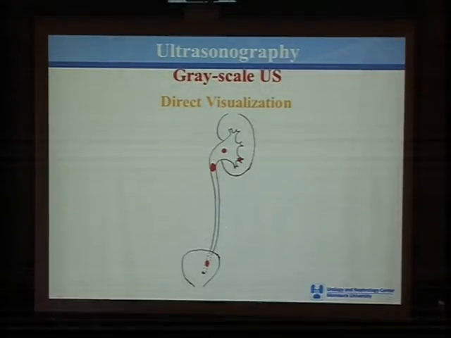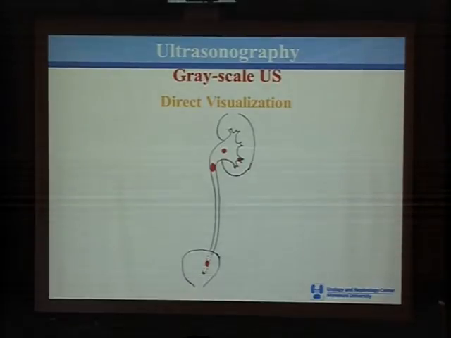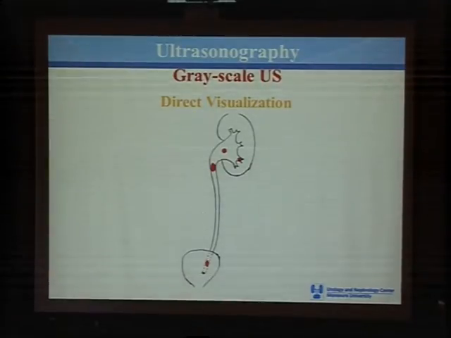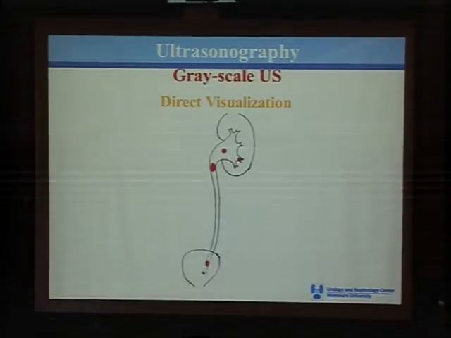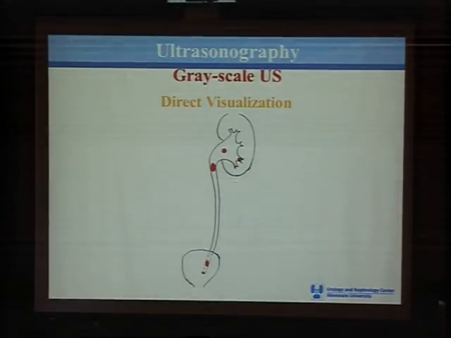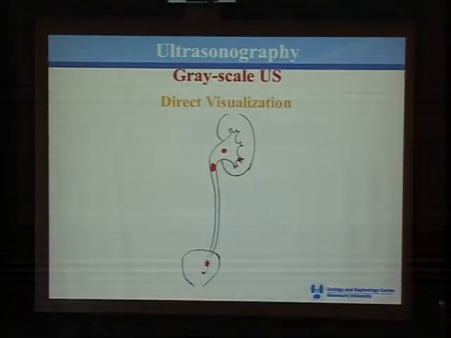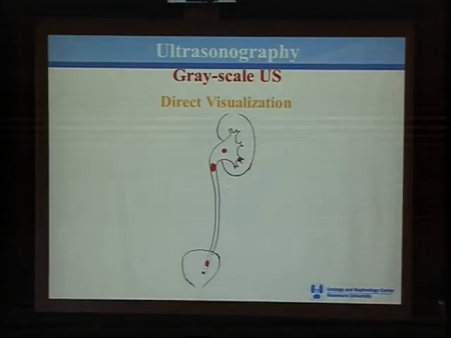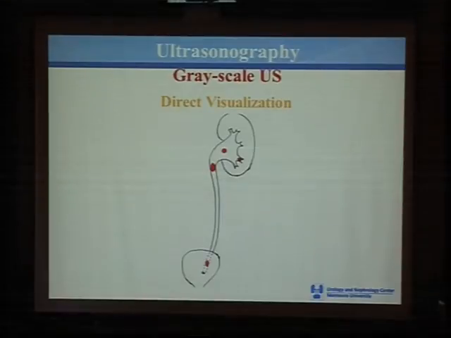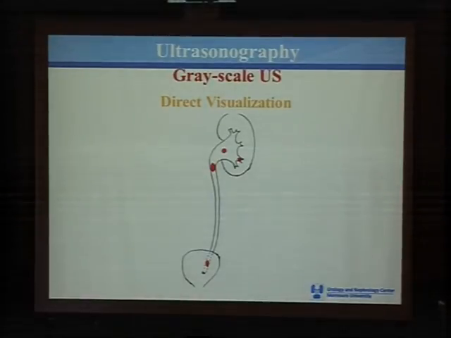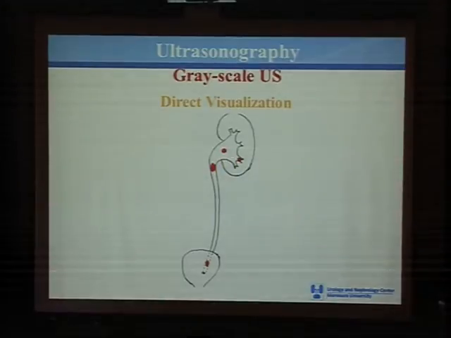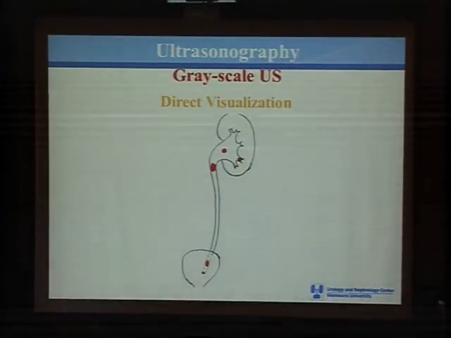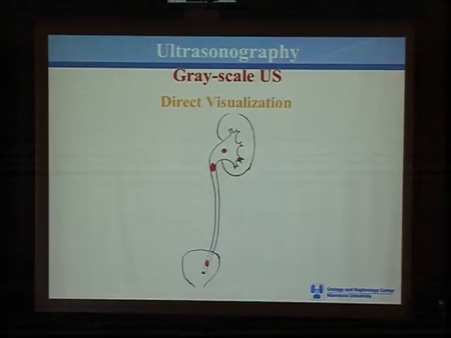The middle part of the ureter is here. Anteriorly, in front, there will be the intestine, which is full of gas, and posteriorly there will be the iliac bone. Therefore, this area is blind to the ultrasound. We can see stones in the pelvis, calyces, the uppermost part of the ureter, and the lowermost part of the ureter.